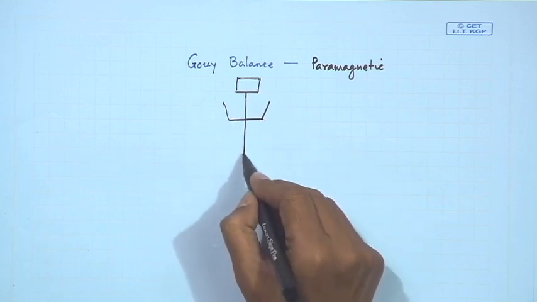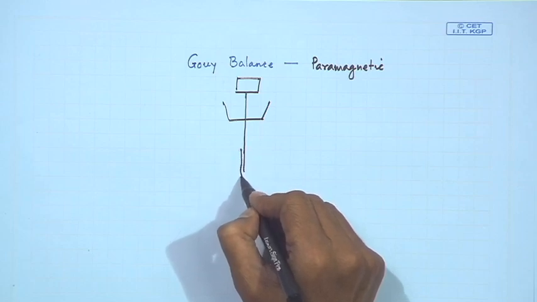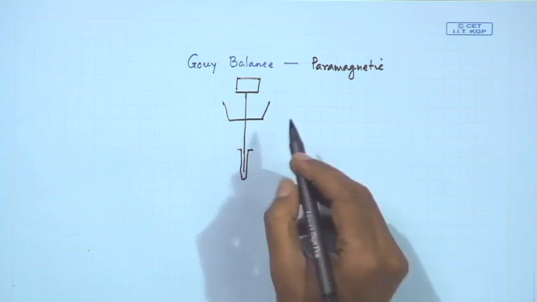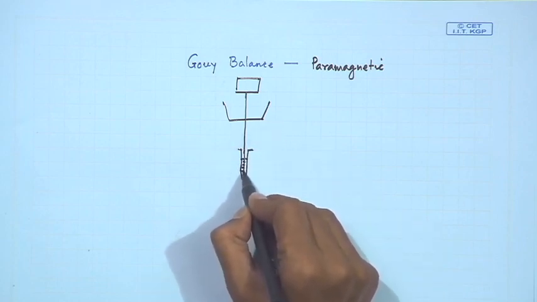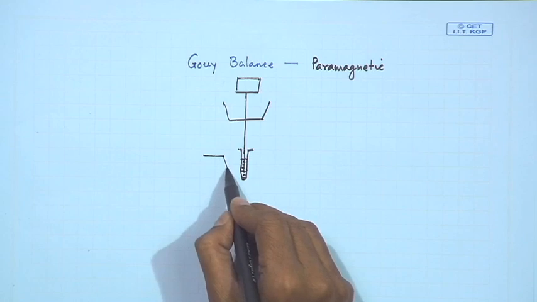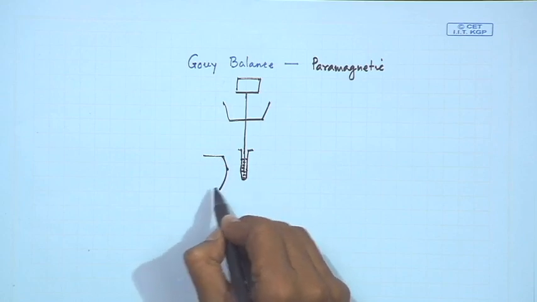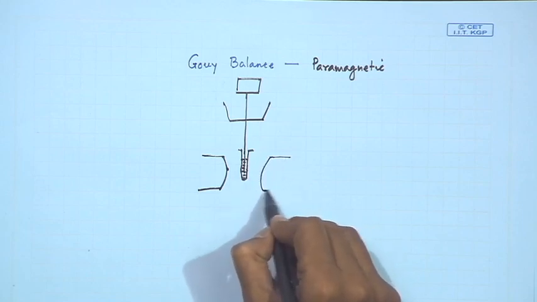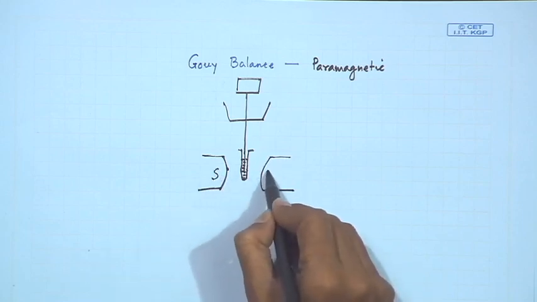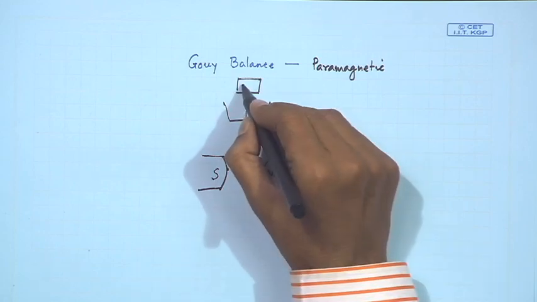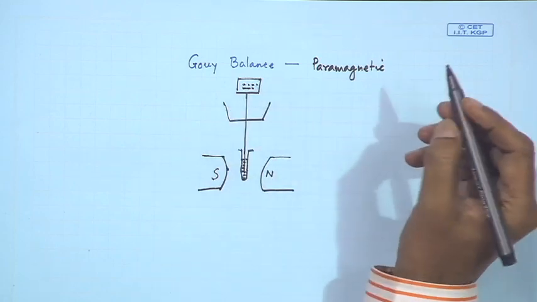So, the Gauss tube is basically hanging over here, and we take the weight with the sample filled in this tube. But if we place this within some magnet, this is basically the digital recording of the weight change.